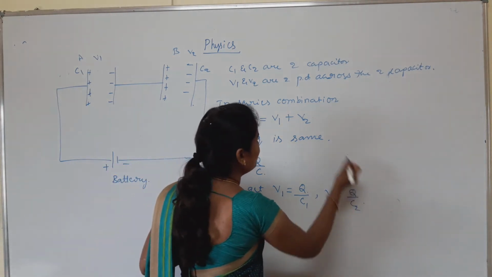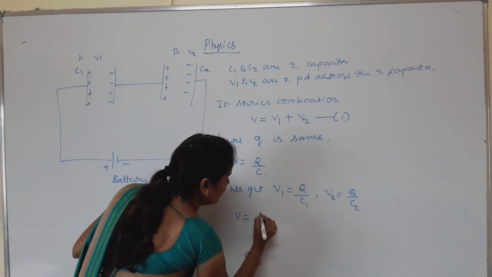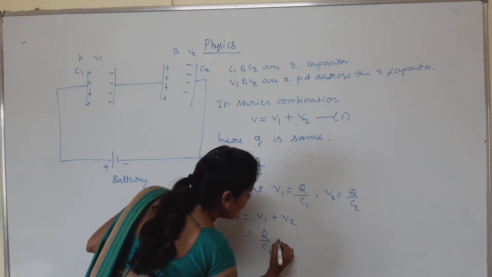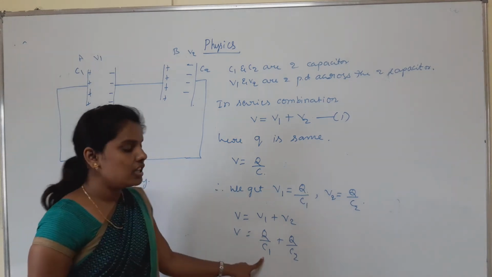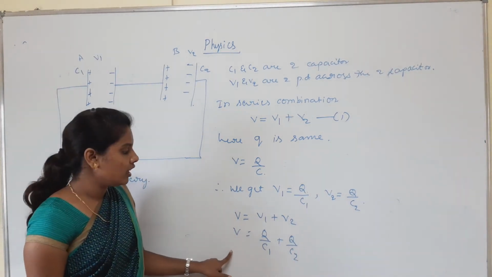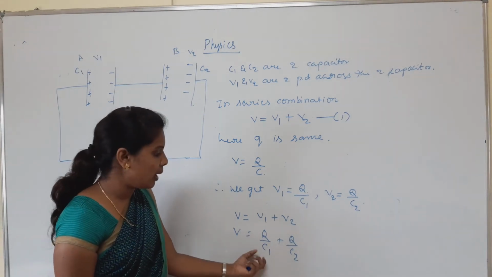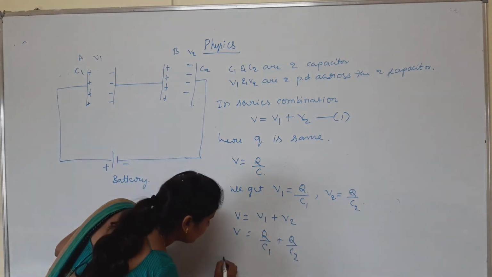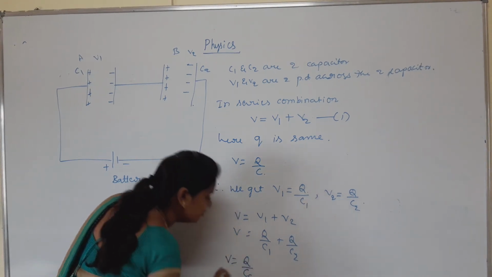Substituting these into the main equation number 1, we get V equals V1 plus V2, that is, V equals Q by C1 plus Q by C2. The effective capacitance of the capacitors in series combination, Cs, is given by V equals Q divided by Cs.